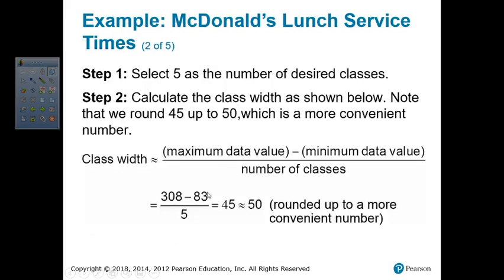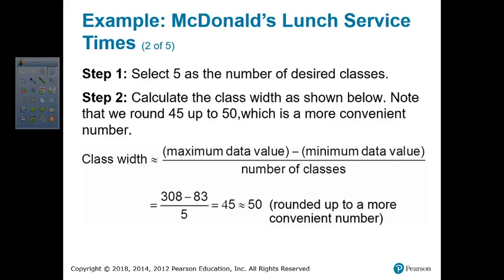We subtract them out, and when you subtract 308 minus 83, that gives you 225. And then when you divide 225 by 5, that gives you exactly 45. That means your class width has to be 45.